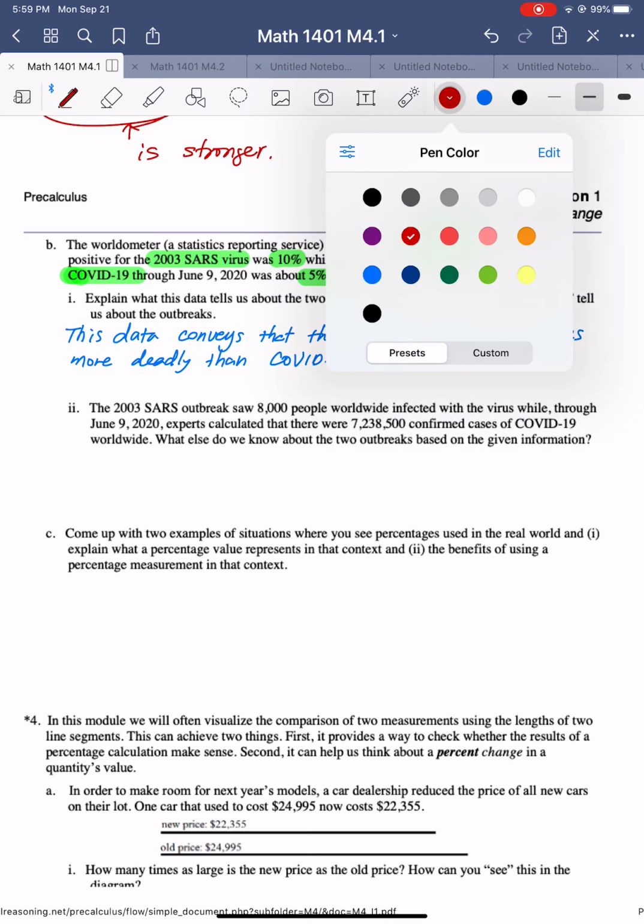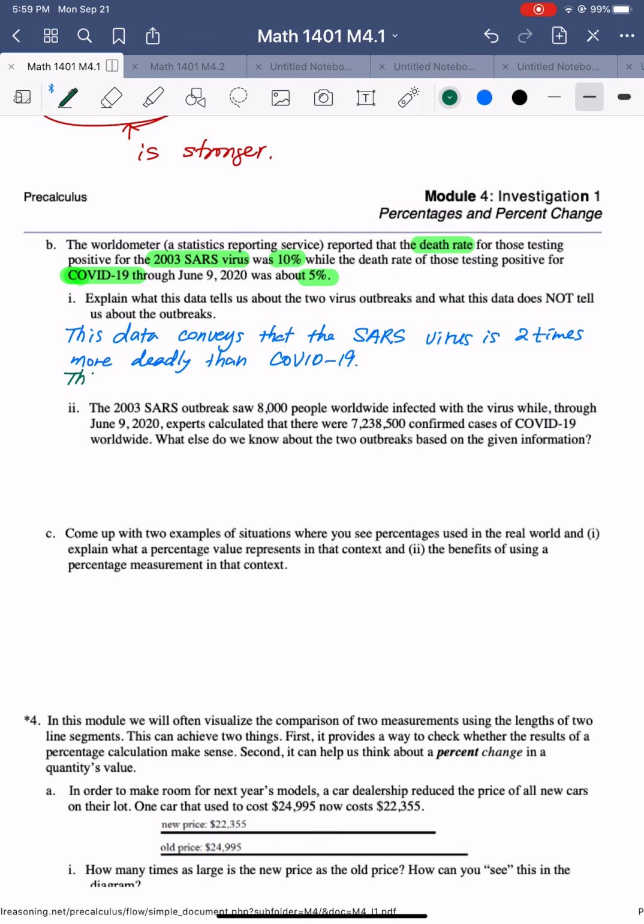This data doesn't provide information on the total number of positive cases.